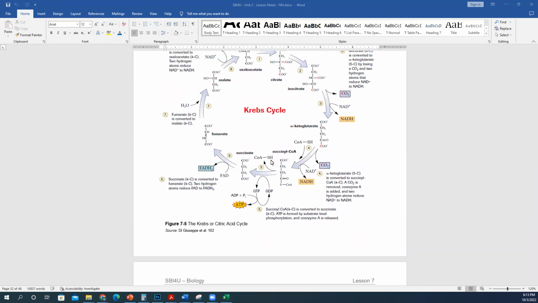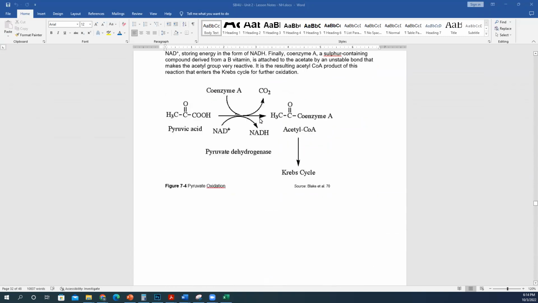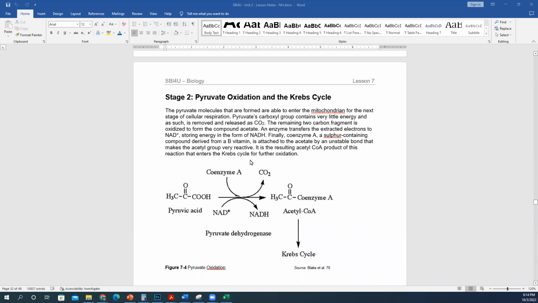So here you can see that the coenzyme A, this CoA that was attached up until this point of the cycle, is now released, and this CoA now goes back to join to become used up again in this step.